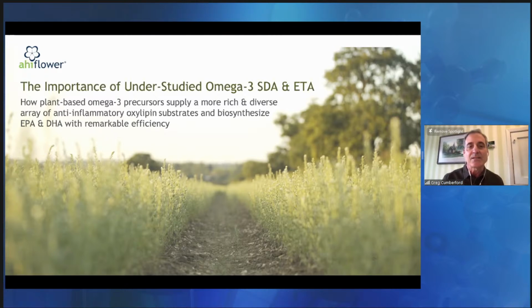And as Adam's presentation really showed, there really is a way that plant-based sources can supply a richer and more diverse array of these anti-inflammatory oxylipin substrates, and actually biosynthesize to EPA and DHA with remarkable efficiency.